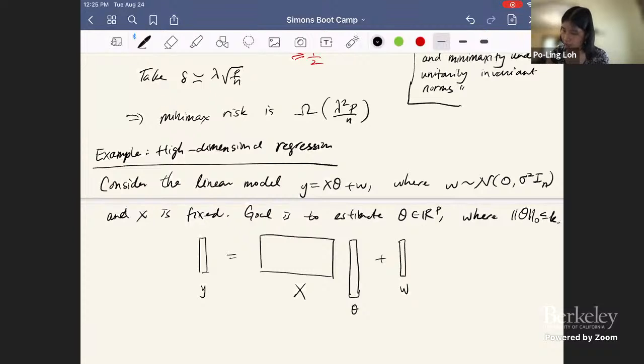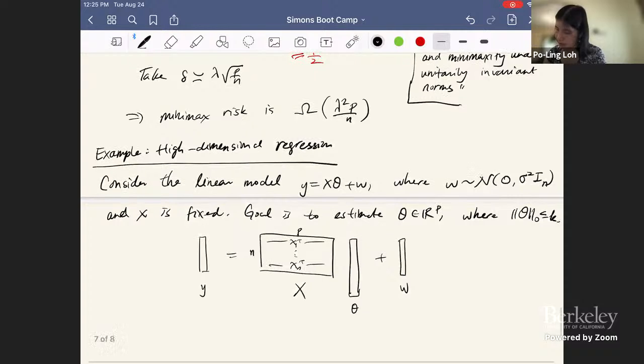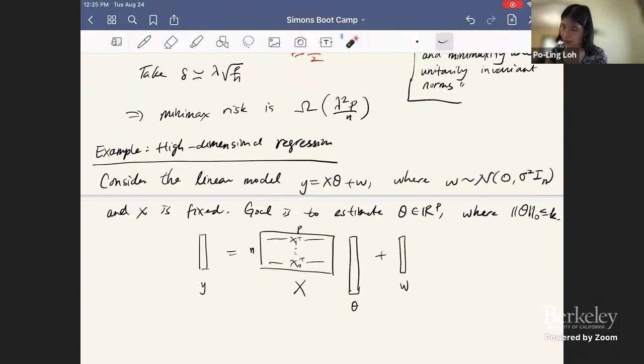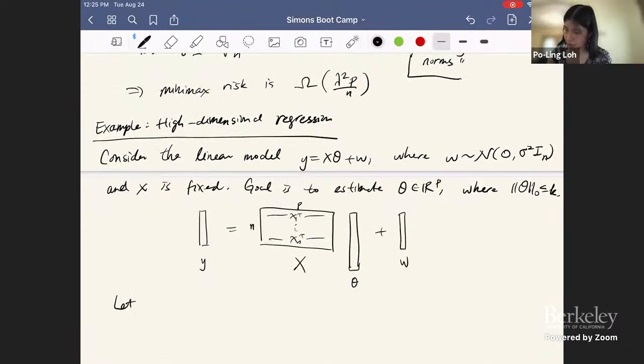So the dimensionality of x is n by p. You can think about these as the IID observations, x1 transpose up to xn transpose. We want to recover theta after we observe y and x. So we're thinking about p as being much larger than n. Okay, so our parameter space is going to be the sparse ball K. Really this means all vectors in R^p with less than or equal to K non-zero coordinates.